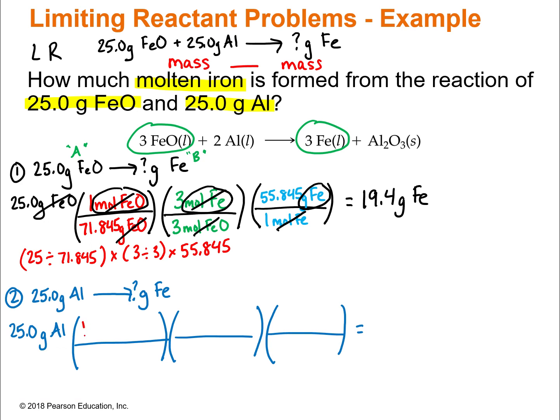Starting with the molar mass. For aluminum, you just look it up on the periodic table.